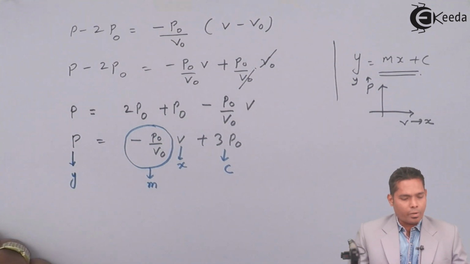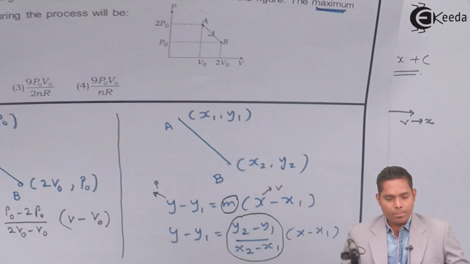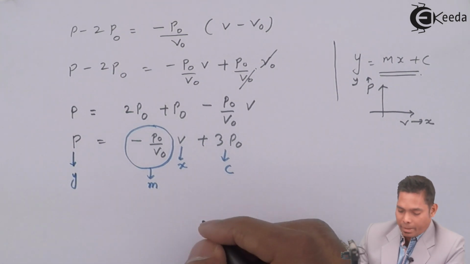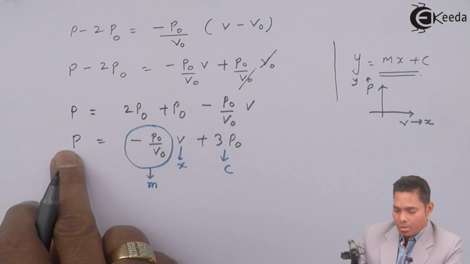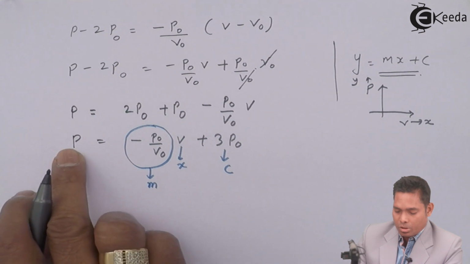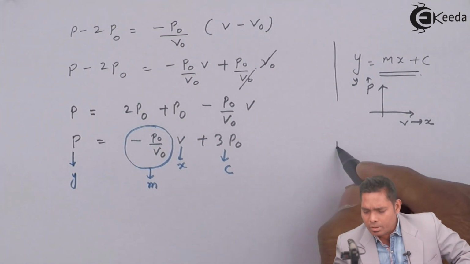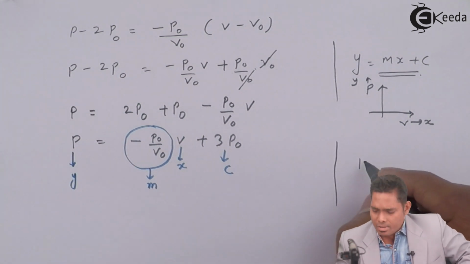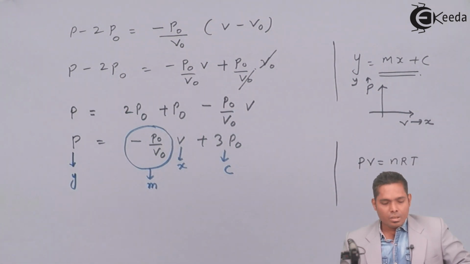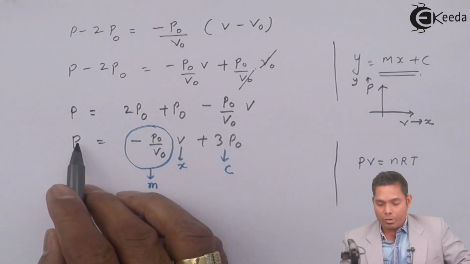Now the question is to find the maximum temperature of the gas during the process. For the maximum or minimum of temperature, we have to find the temperature, because this equation is in pressure form. I have to bring in temperature using the ideal gas equation, PV equals nRT. Since I have only P, I'll multiply V throughout the equation.